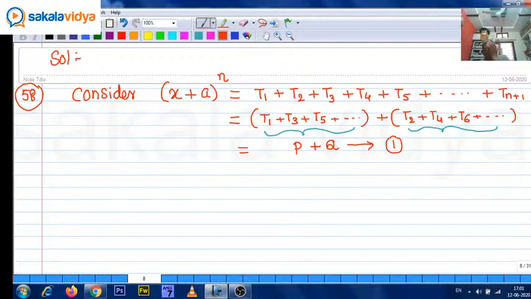Now from this we can easily write the expansion of (x - a)^n.